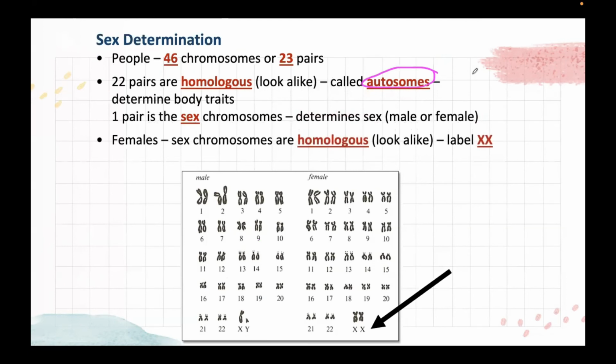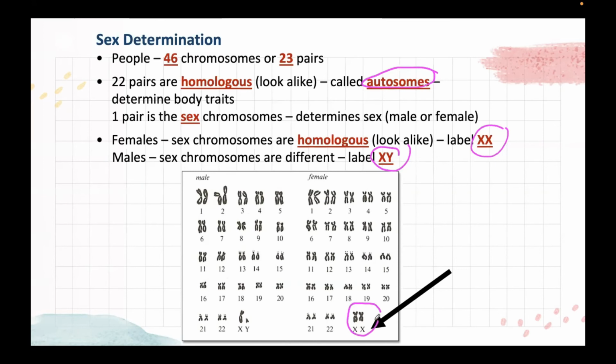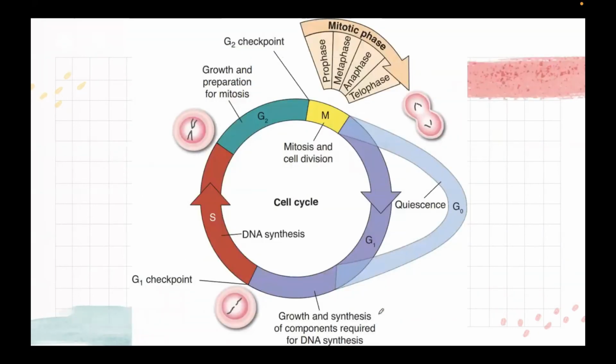It means look alike, labeled as X and X. Pag male naman, sex chromosomes are different, X and Y. X and X sa female, X and Y sa male. Tapos ito, meron tayong ika-23rd na pair dito, which is for the determination of your sex. So now let us proceed with the cell cycle.